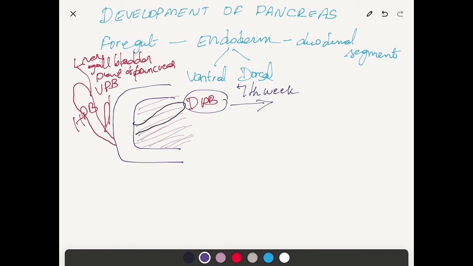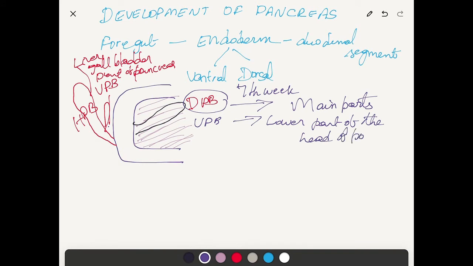So the dorsal bud gives rise to the main parts of the pancreas: the upper part of the head, neck, body and tail of the pancreas. The ventral pancreatic bud gives rise to only the lower part of the head of the pancreas.